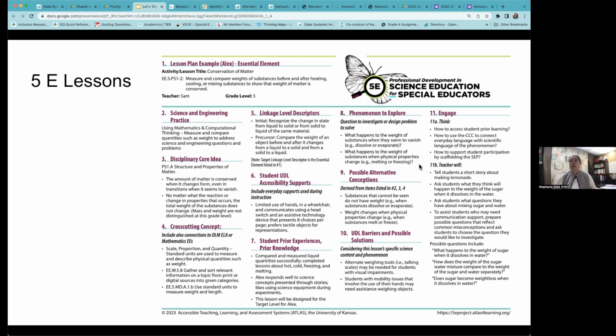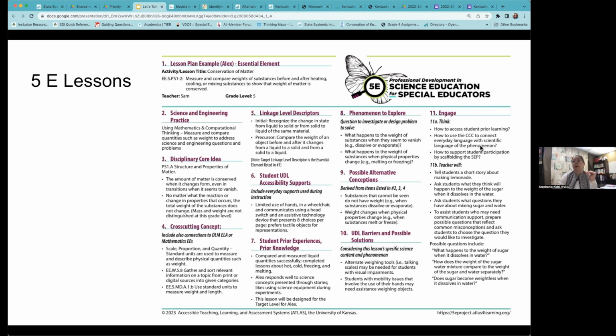Sometimes we don't always think outside the box, but what are other ways that we can get our kids connecting to that one concept that's happening? And then, of course, barriers that you're going to face. We all know one is going to be time, and two is getting students to really understand and think through it. And then how am I going to get that information back from my students? So in this, I love the fact that there is a part where the teacher is going to do and the student is going to do.